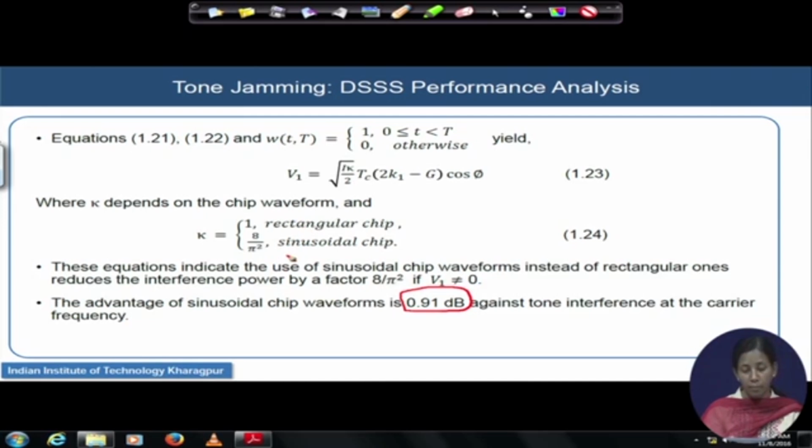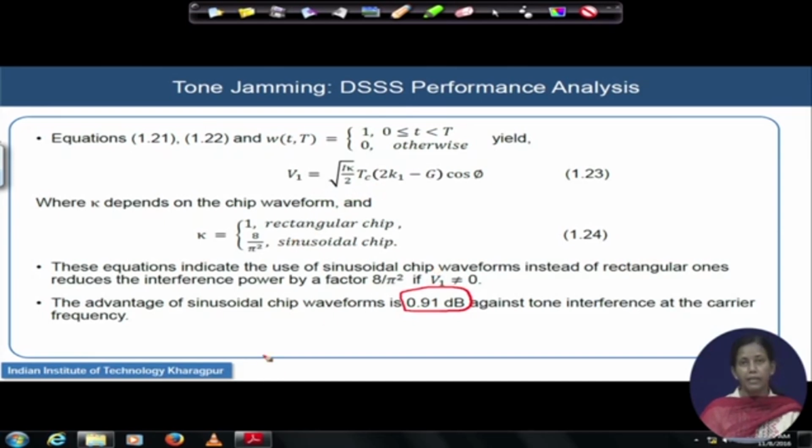So, if you are a jammer and you are designing your signal, you consider the signal to be spread by the rectangular chip or by the sinusoidal chip. If we are sitting in the intended receiver, you design the chip waveform by sinusoidal chip. So, it is expected that the effect of the jamming can actually be 8 by pi square or 0.91 dB down.